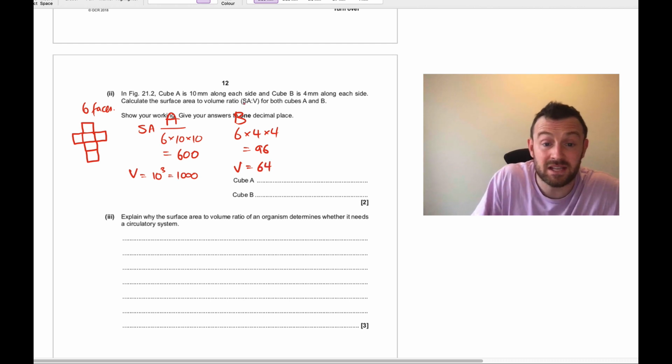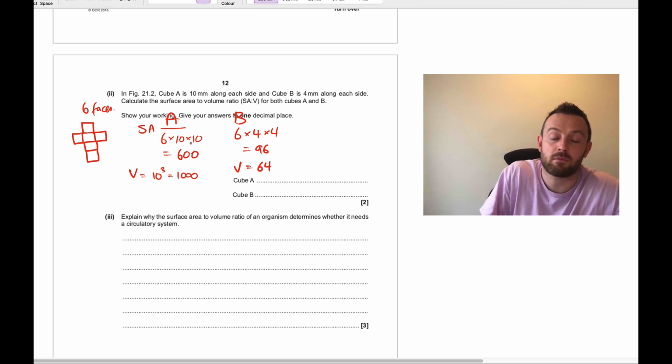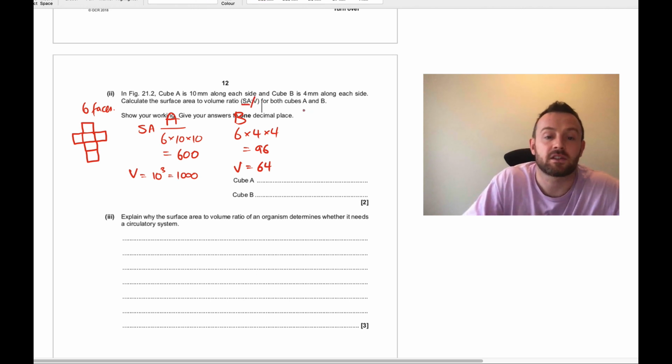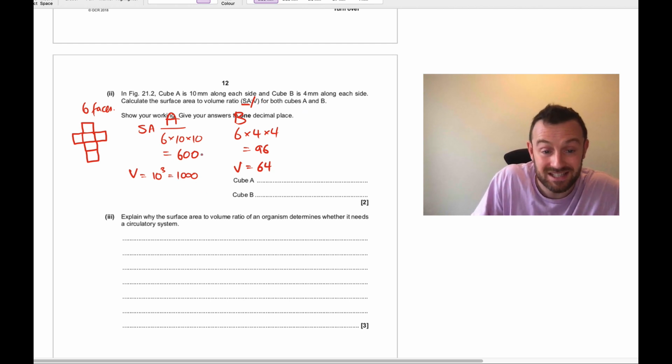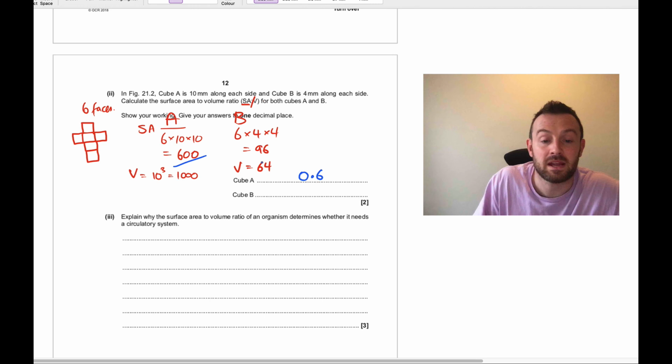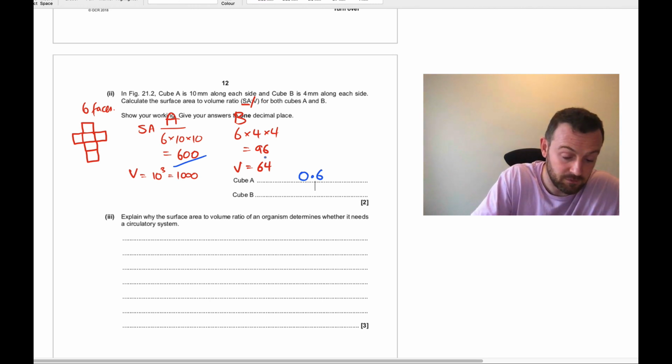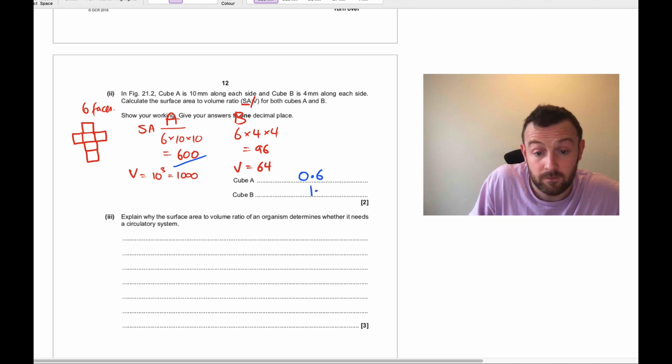So the surface area to volume ratio, remember, it's the SA divided by the V. So we've got 600 divided by 1,000 for A, which is equal to 0.6. And for B, it's 96 divided by 64, which is equal to 1.5.